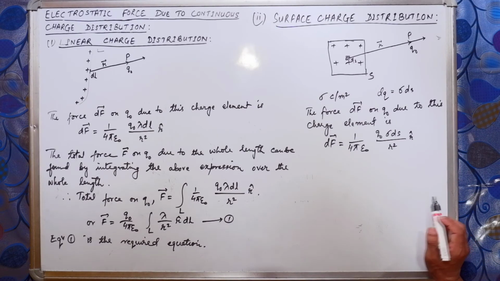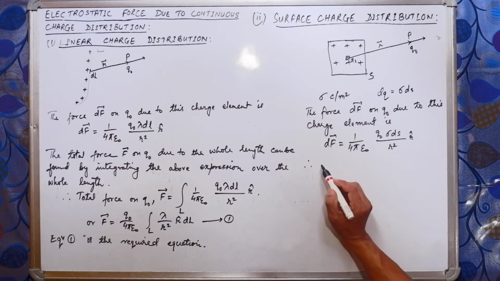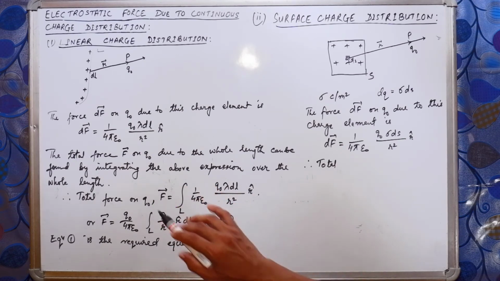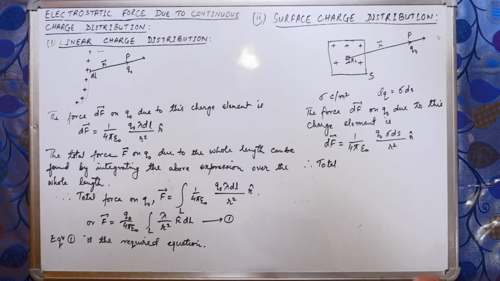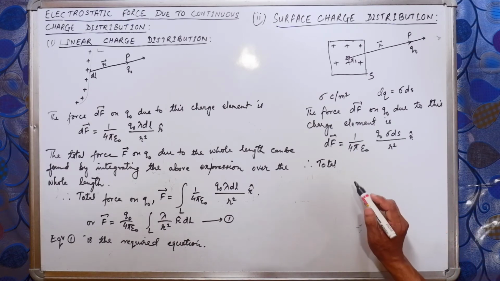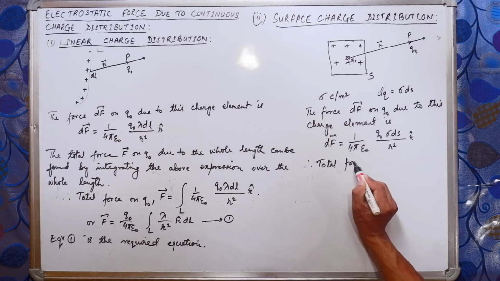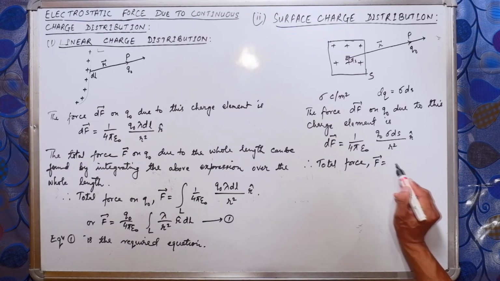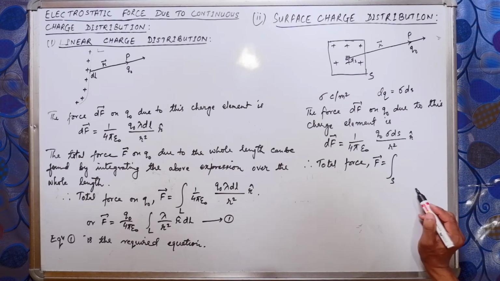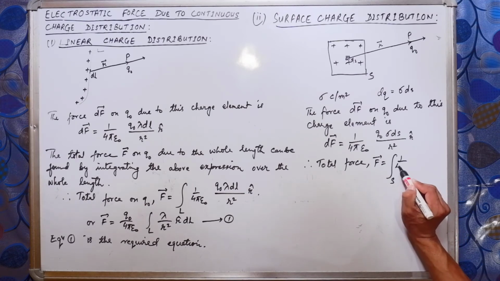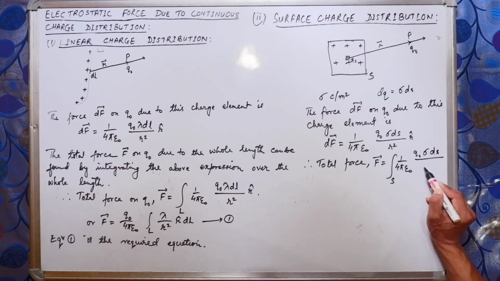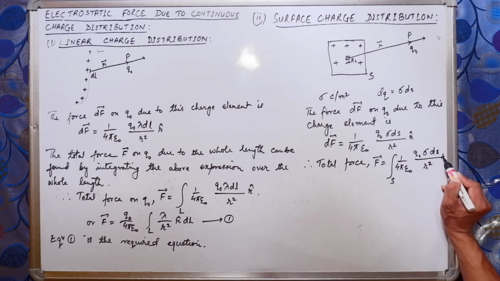Therefore we can write the total force, with the same procedure as we have done in the case of linear charges. We integrate it, so the total force F will be obtained by integration over the whole surface S, 1 by 4 pi epsilon naught, Q naught sigma ds by r square r cap.